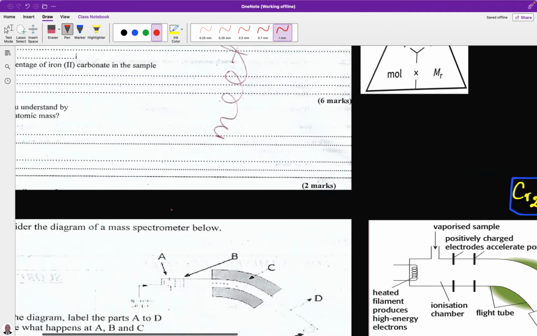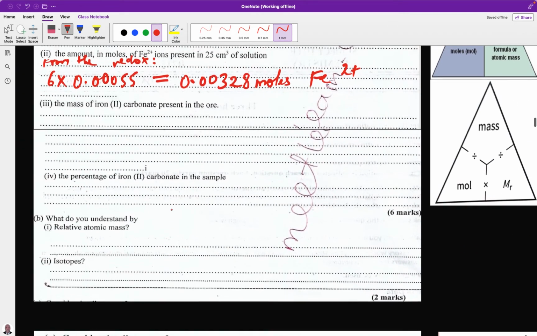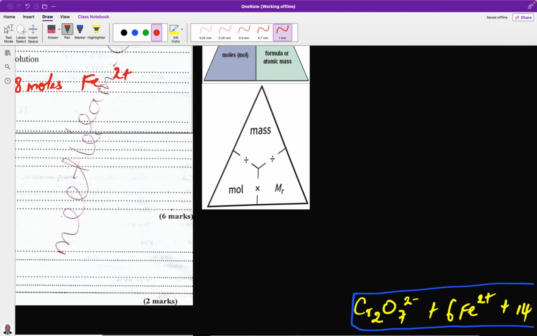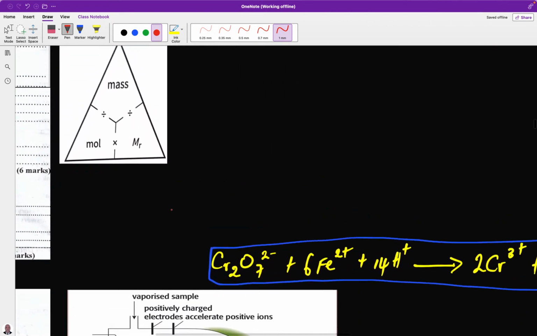Okay, it takes us to the second part of it. The mass of iron 2 carbonate present in the ore. After doing this, you might be confused.